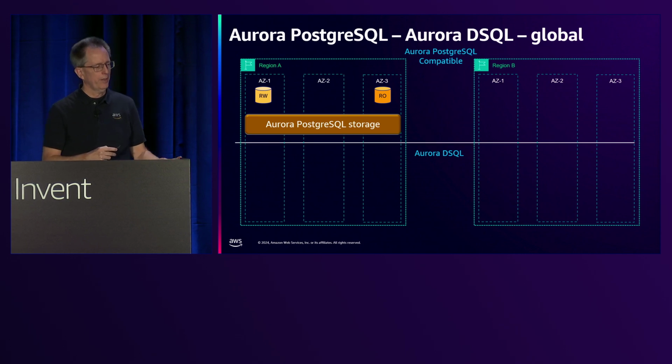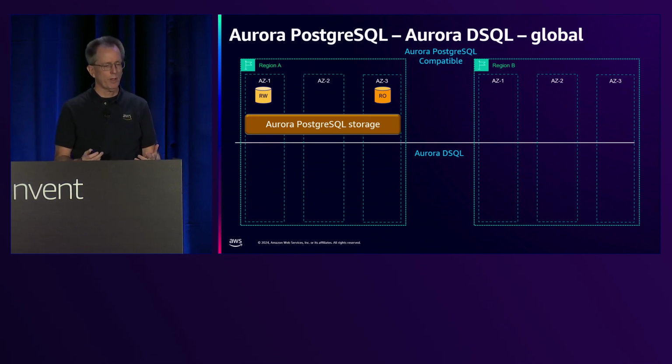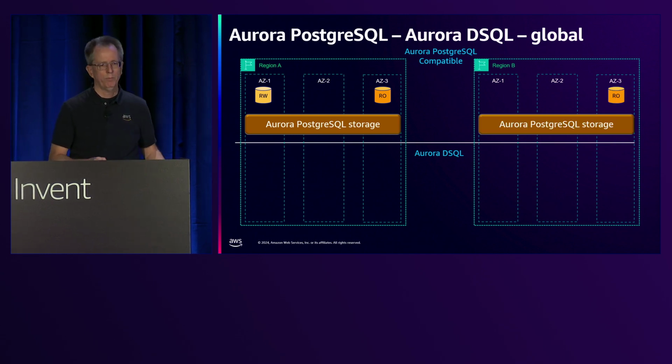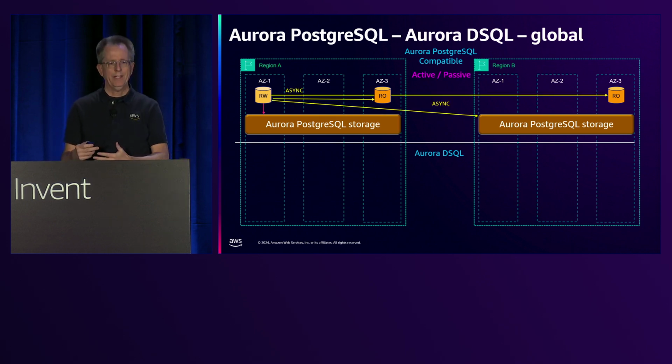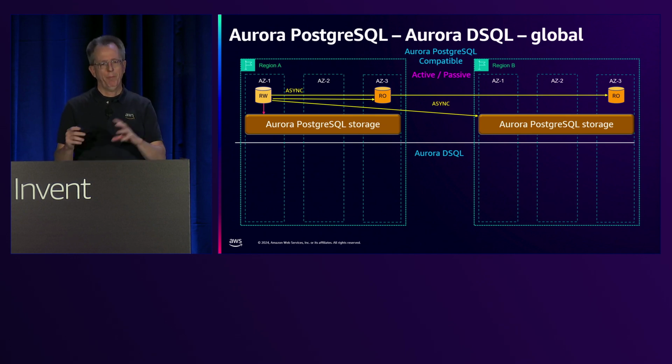Now, the other area where these are similar is that they both have a global presence. They can both support the global nature of most people's businesses. So Aurora Postgres has our normal memory or volumes in both locations. And when we do a write, we're going to do that asynchronously both to the storage and to all the nodes, right? So this is an active-passive system.